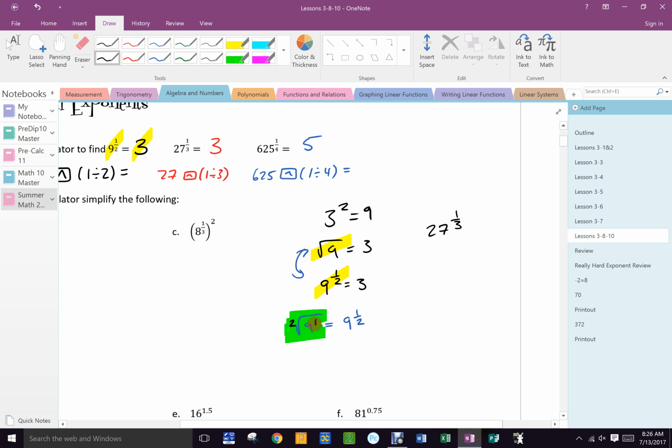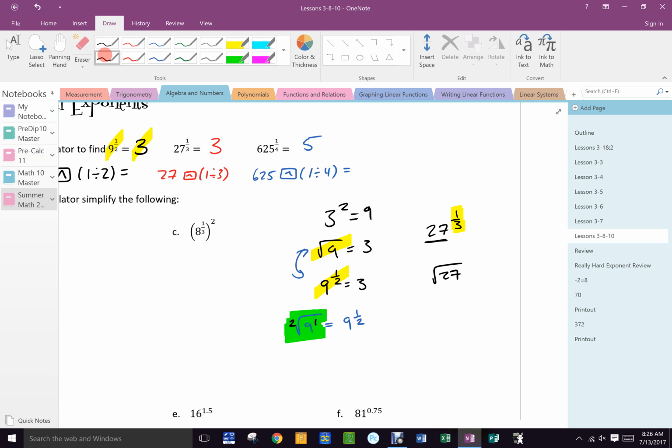But if I wrote them, you would notice there's a 2 and a 1 there, and there's a 2 and a 1 there. So here I have a 3 and a 1. I know now that roots are related to fractional exponents. So I know that this base will become the radicand, and I know that this exponent will show up somewhere in this construction. Where does it go?